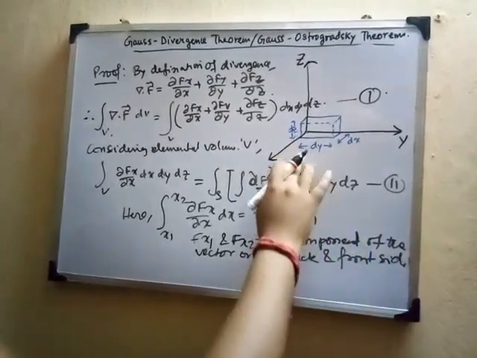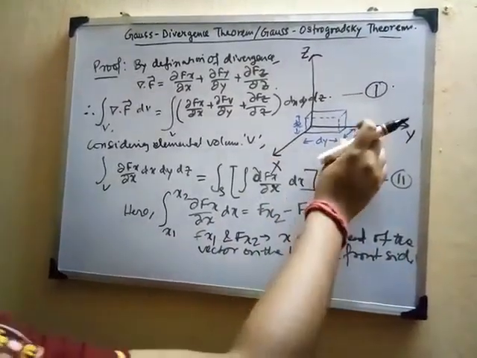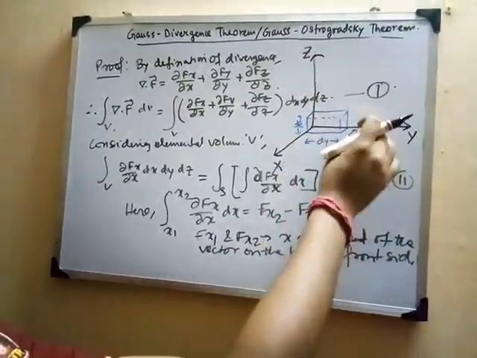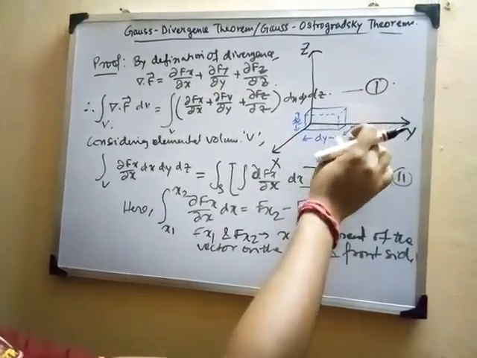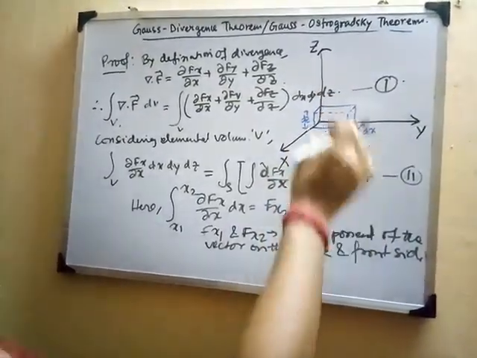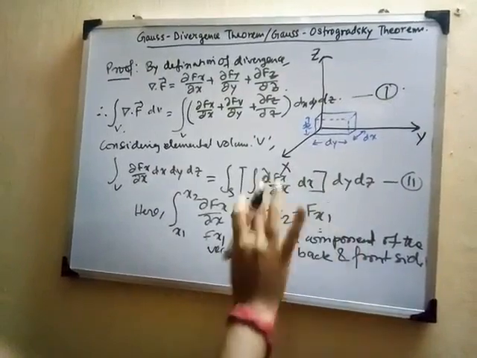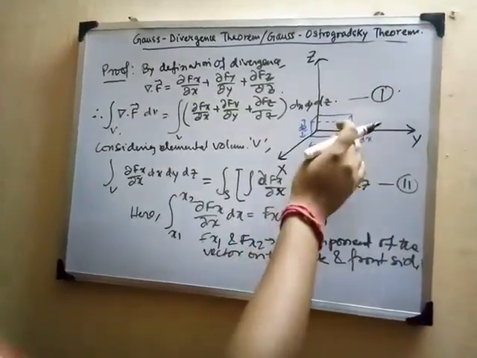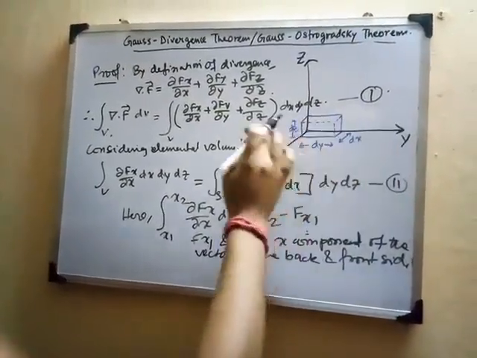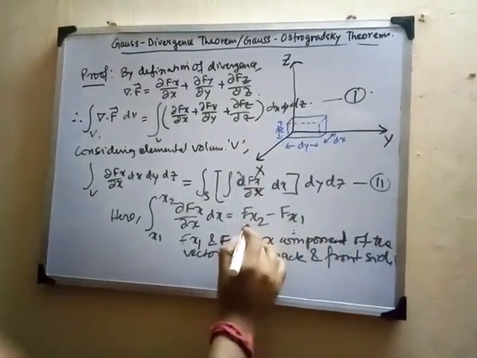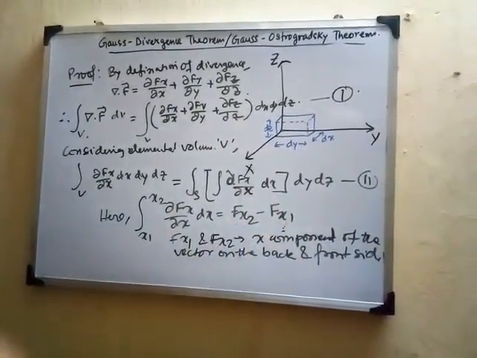Because if this is your x axis, one side will be the front side and another will be the back side. So two surfaces are there. We have taken the difference of the two vectors emanating from this surface and this surface, as the difference fx2 minus fx1, right?